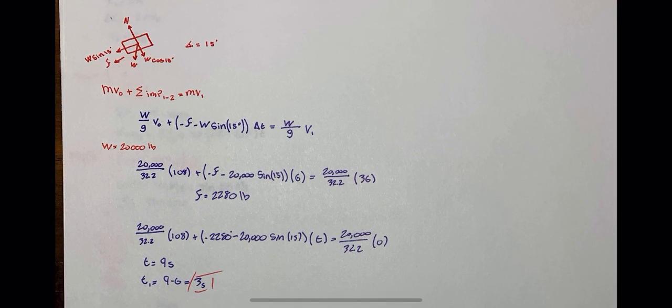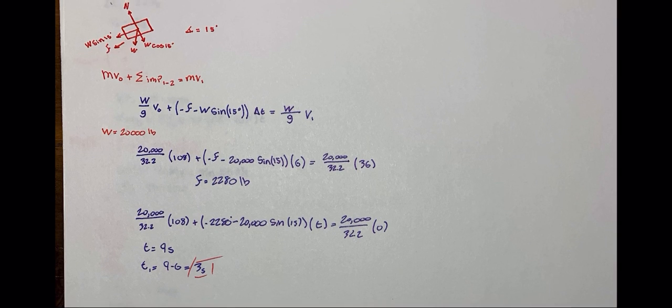So we can plug in most of our knowns here, and knowing that W is equal to 20,000 pounds, we can finish the rest and solve for the force, which should be 2,280 pounds. And using that in a similar equation, we can plug in for the force and solve for T. And we get T is equal to 9 seconds, and 9 minus 6 is 3 seconds.